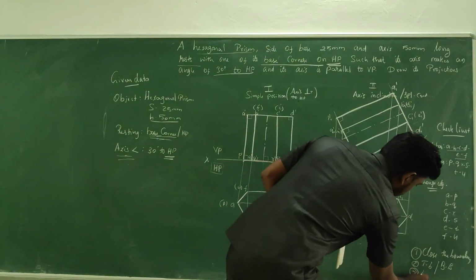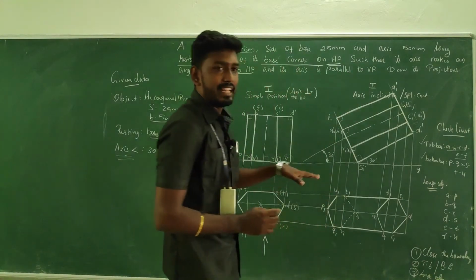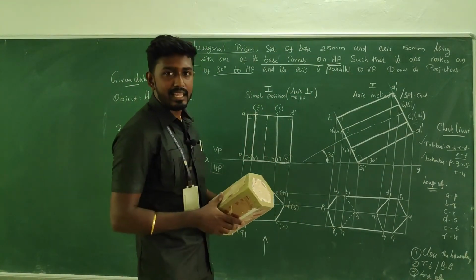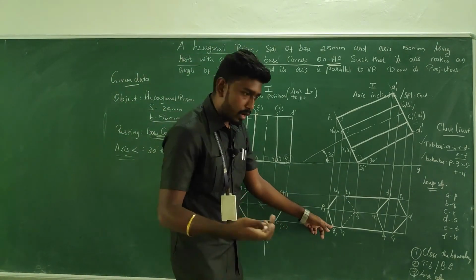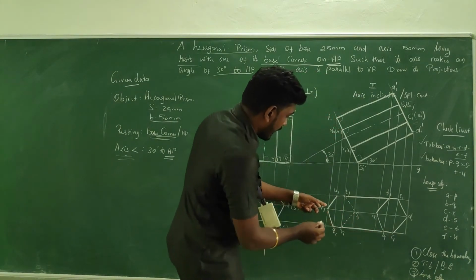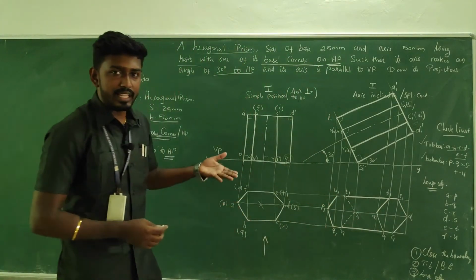longer edge. In this position, the maximum edges we have covered in the boundary itself. That means the longer edges QB or C, and then UF and TE are covered in the boundary itself.